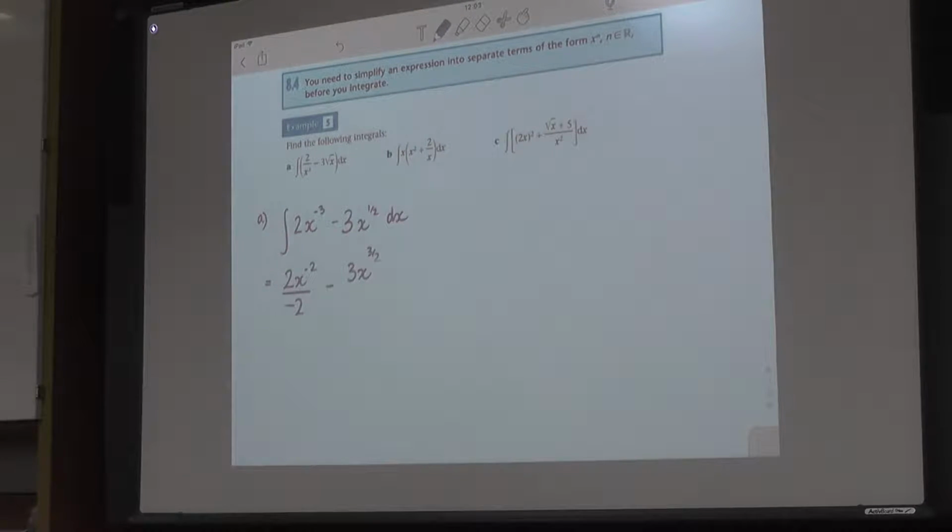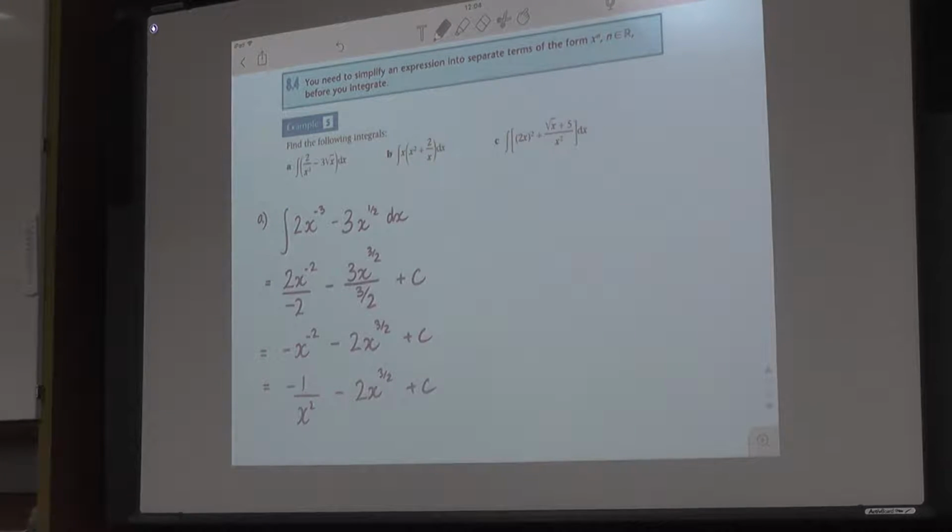There's minus x to minus 2, and then that's going to give me minus 2x to the 3 over 2 plus c. We could put that as over x squared, and just leave that as positive index.